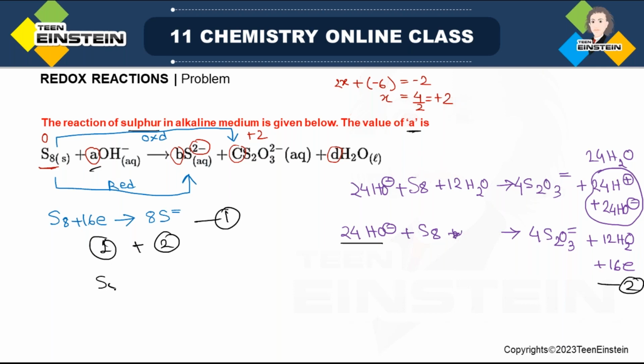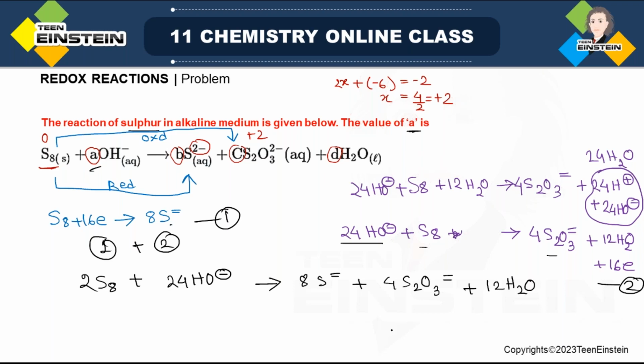If we add it, it will be S8, here also it is S8, so 2S8. Then 24HO⁻, then 8 sulfide ions, then we have 4 S2O3²⁻, 12 H2.